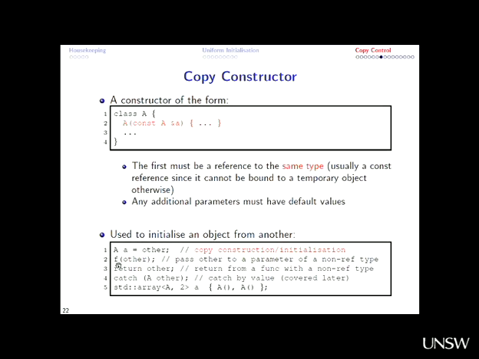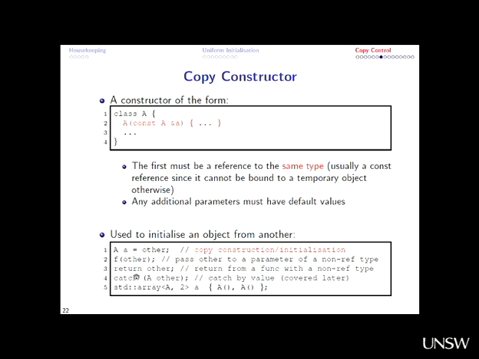When we pass by value, not by reference, say we've got a function called f and we're passing in other, the copy constructor is being called. This thing's being copied, okay? When we return by value, it's going to be copy constructed.